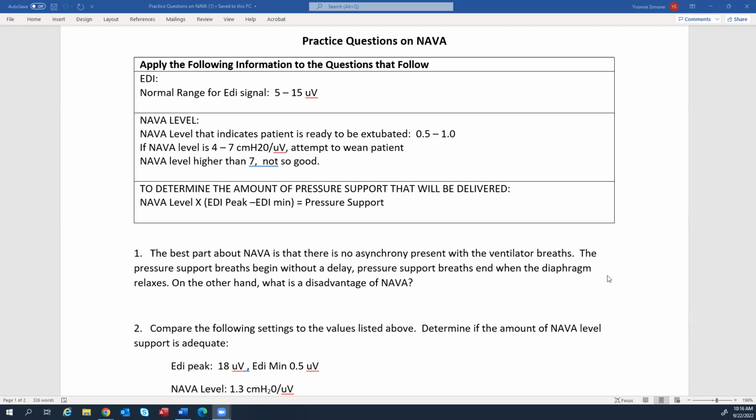If the number is higher than 15 microvolts, that tells us the person is working really hard to breathe. If they are working hard to breathe, we can help them. And the way that we help them is we turn on a NAVA level. The higher the NAVA level, the more help they get from the ventilator for those pressure support breaths.